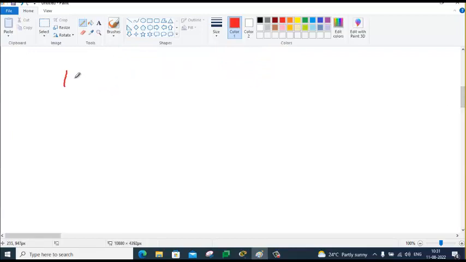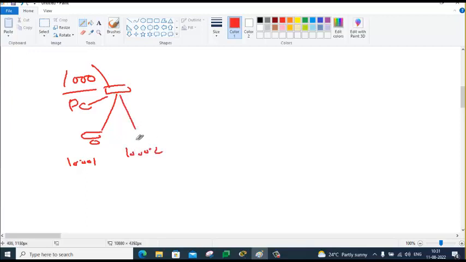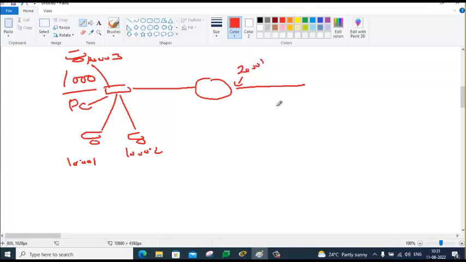Even if you have 1,000 computers inside your organization, you can still have just one IP address, let's say 20.0.0.1, and you can have internet.